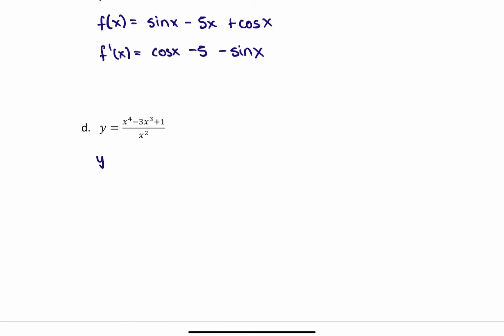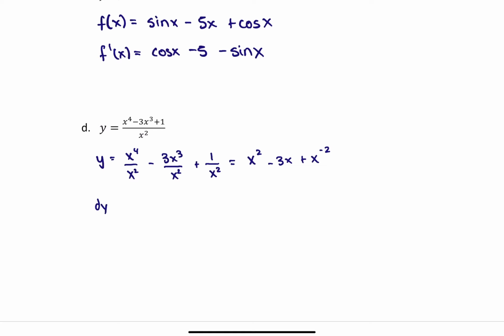So what we can have is y equals x to the fourth divided by x squared minus 3x cubed divided by x squared plus 1 divided by x squared. And of course, that simplifies to be x squared minus 3x plus x to the negative 2.